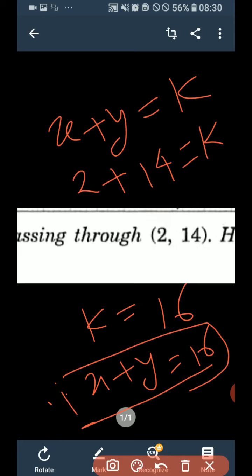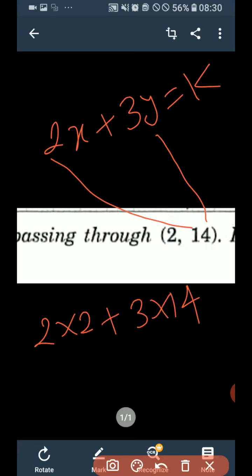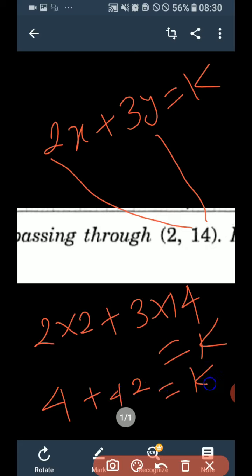Like this, you can write one more line. Let us suppose 2x plus 3y equal to k. Put x equal to 2, y equal to 14: 2 into 2 plus 3 into 14 equal to k. 2 into 2 is 4, and 3 into 14 is 42, so 46 equal to k.